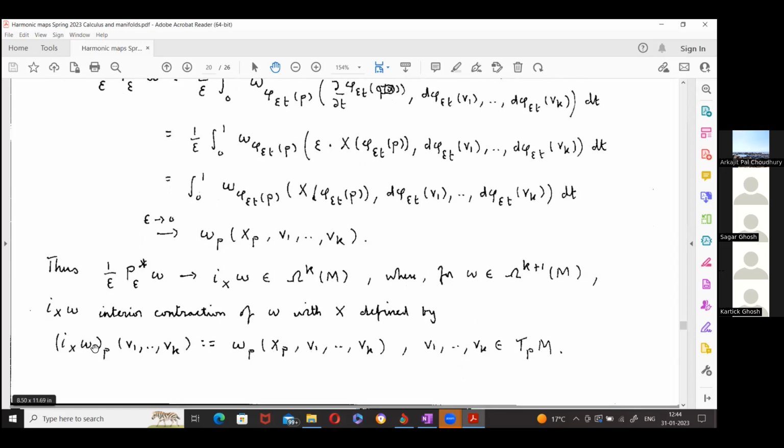So I_X omega at p applied to v1 to vk is given by omega at p applied to X_p, v1 to vk.